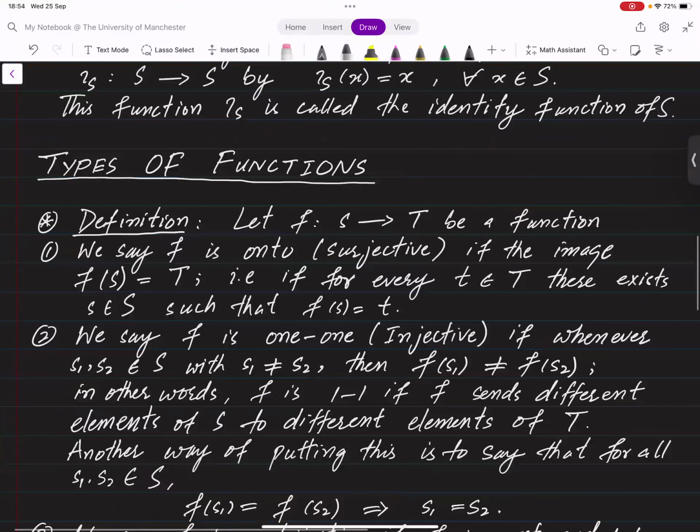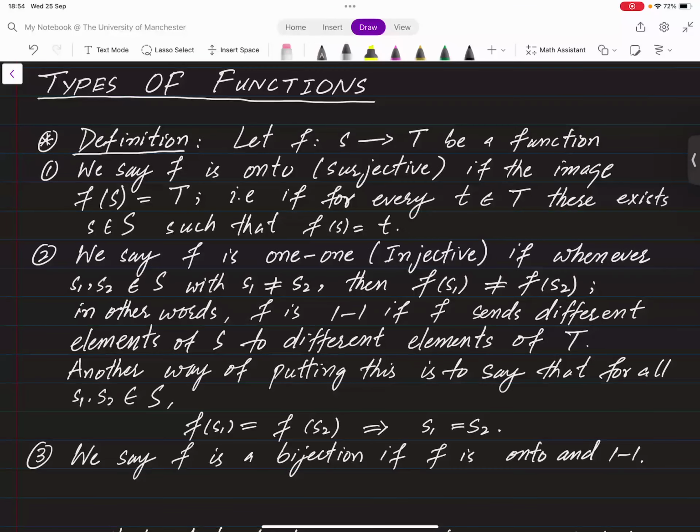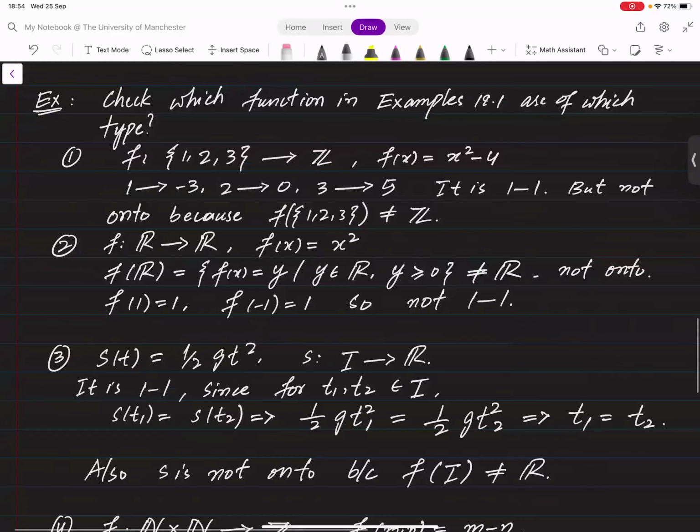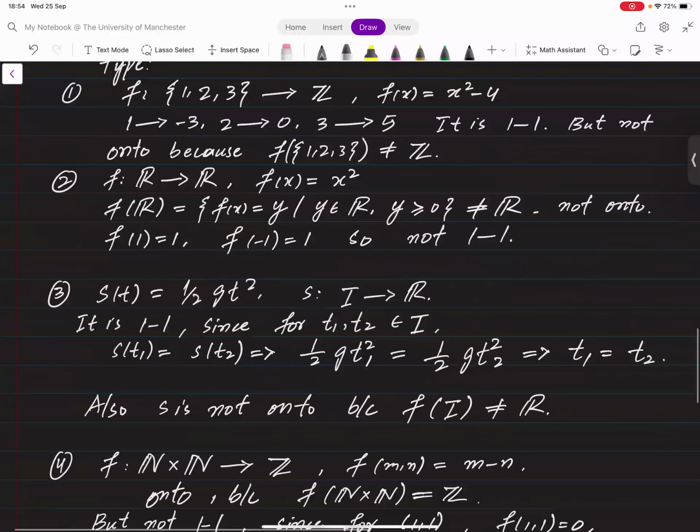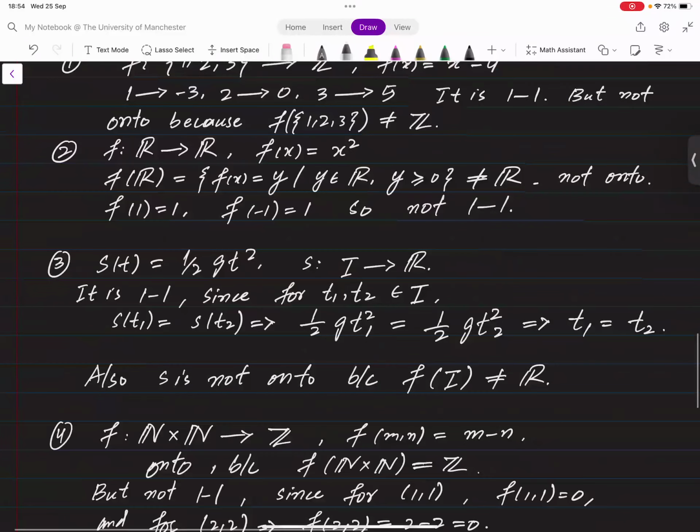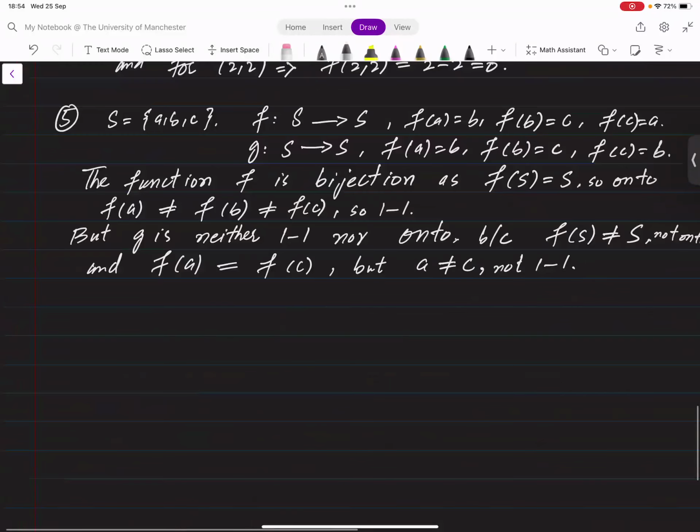So we have discussed one-to-one function, onto function, and bijection function. Then we have analyzed which of those 6 functions have what kind of type. So we have defined that. Also, we have solved that problem.